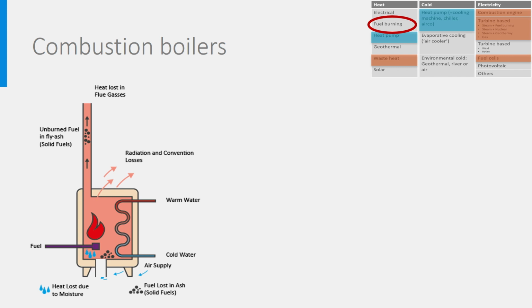Let's look into a bit more details into each of the energy conversion systems that were described in part 1, starting with combustion boilers. In a boiler, the air needed for combustion is supplied by a pipe, the white one below, and goes to the burner. In the burner, the fuel is burned and the fumes and flames give their heat to a heat exchanger where water is flowing.